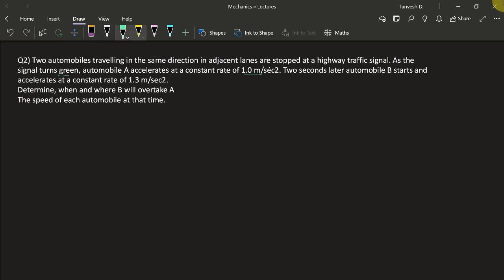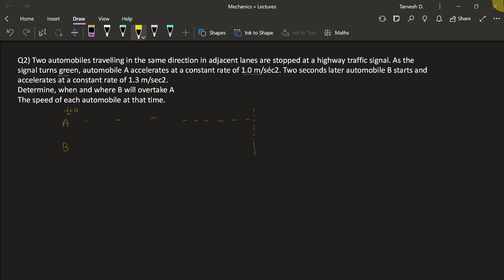Fine, so we have two automobiles here, A and B. They both start from the same point, but what happens is A starts first, right? So probably at t equals to 0, A will start and it covers certain distance, and let us say that there is one point where B will overtake A, right?